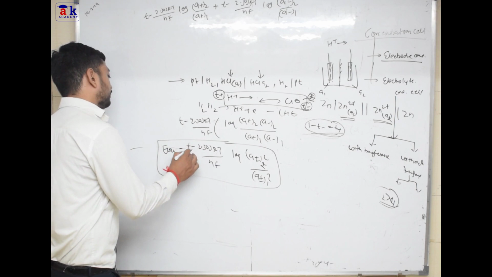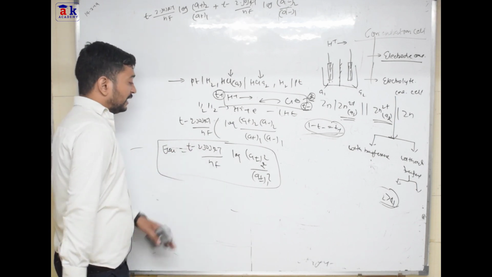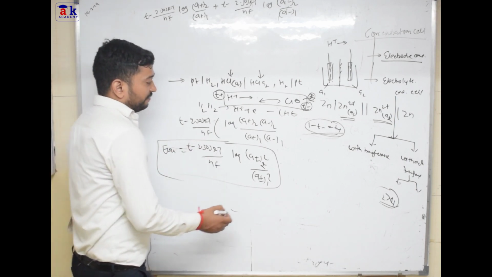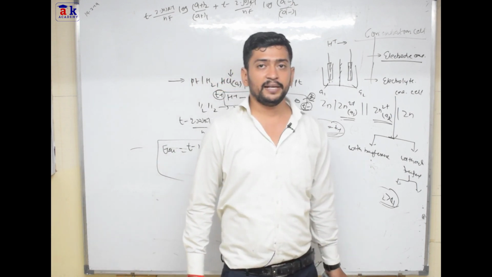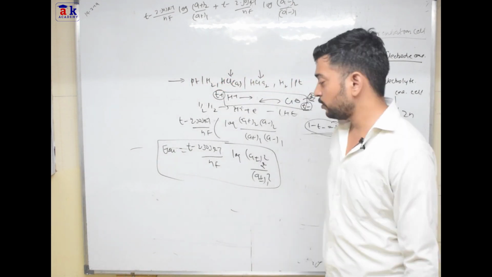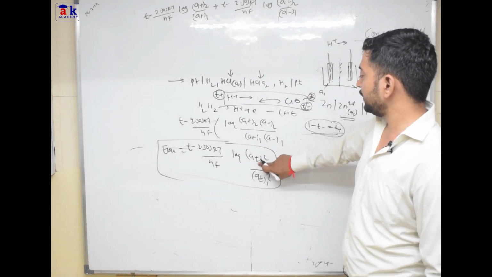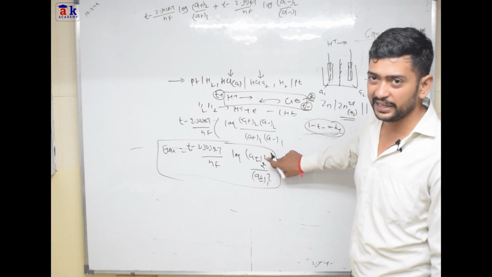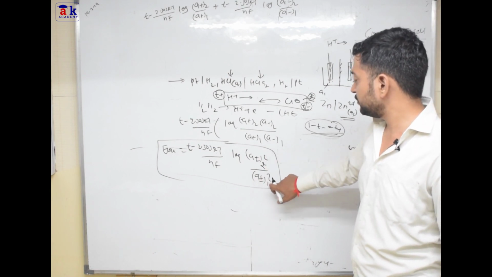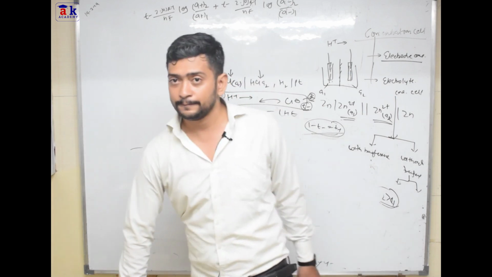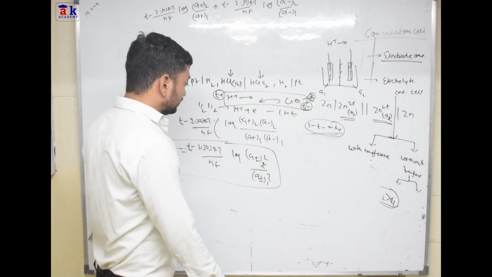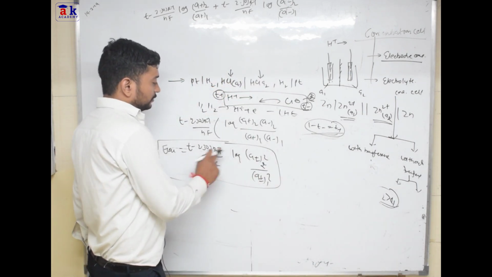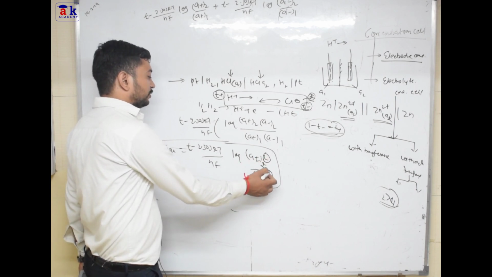E cell is equal to this one we have, right? And what will happen if I consider it for the univalent type of electrolyte? In that case, this A plus 2 square will become A2, and this A plus minus 1 square will become A1. Now let's see what else will happen. These squares can come to this side, right?